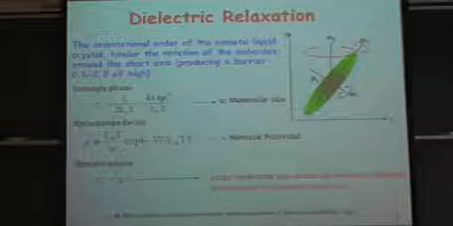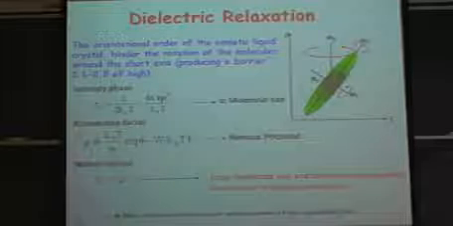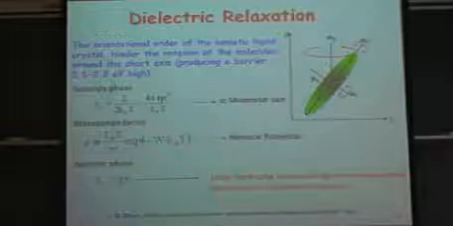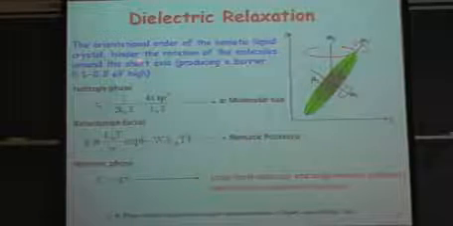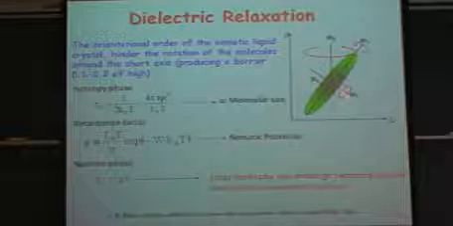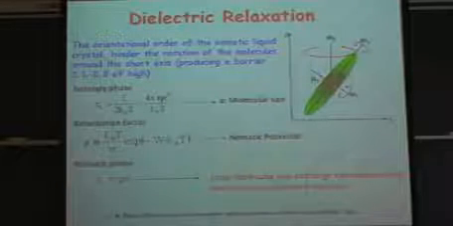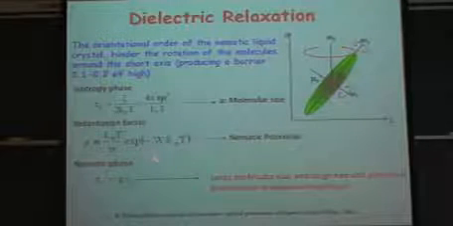The liquid crystal gradually forms a direction, so the force between molecules is called the nematic potential. And that potential hinders the rotation of the molecules around the short axis. This is the molecule, it rotates around the short axis. So this is called the retardation factor.